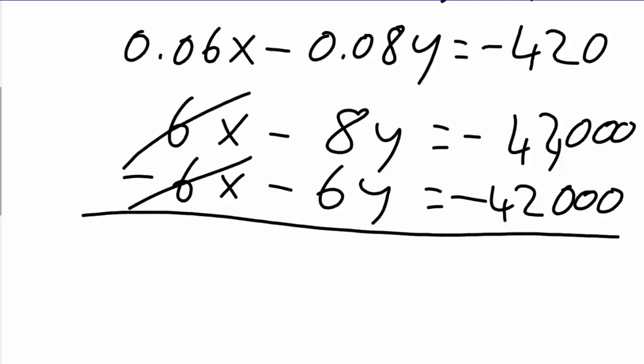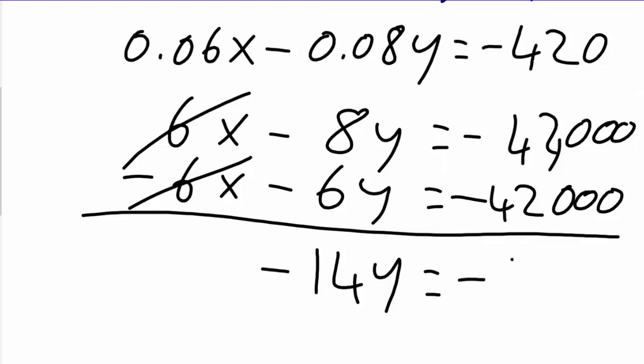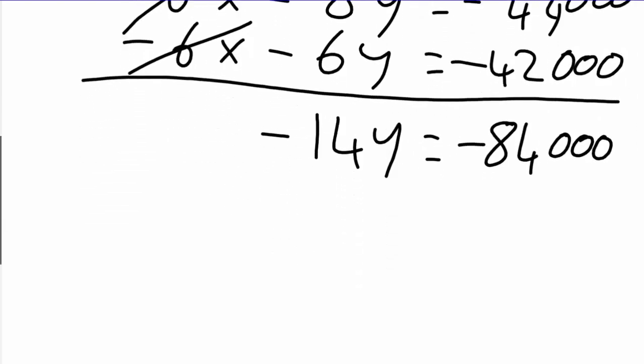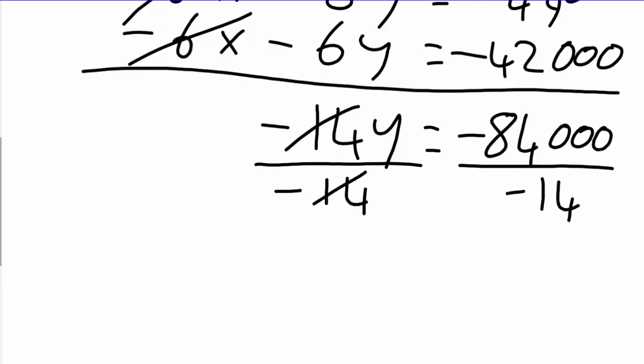So this will be eliminated. What is negative 8 minus 6? That's negative 14y equals, what is negative 42,000 minus 42,000? That is negative 84,000. And to leave y alone, I'm going to divide everything by negative 14, negative 14, boom, boom. Y would be positive 4,000.